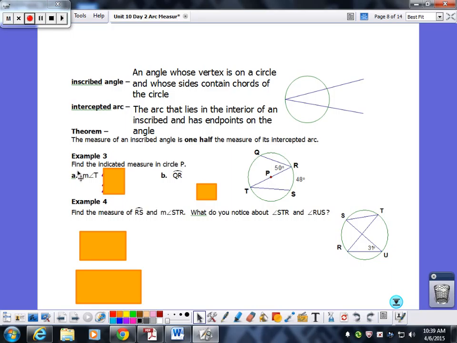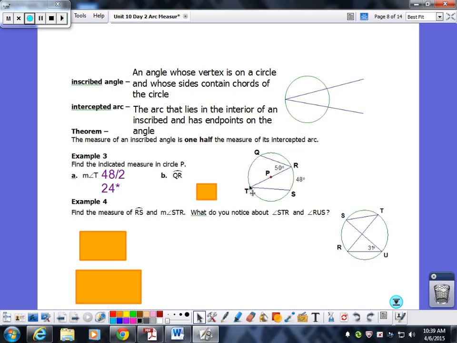In example 3, find the indicated measure. We're looking for angle T. Here's angle T. It's an inscribed angle, and its intercepted arc is RS, which is 48 degrees. So we take 48 and divide it by 2 because it's half, and we get angle T to be 24 degrees. Now, arc QR is a little bit more involved.